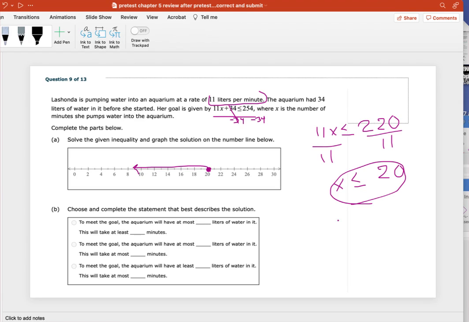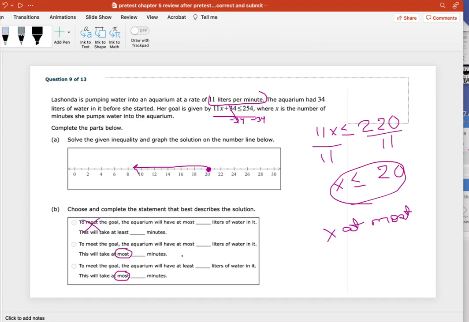Okay, so we would say x has at most. So we're looking for an answer that has at most. Okay, so this one has at most, this one has at most, but this one has at least, so we know this one is not right.